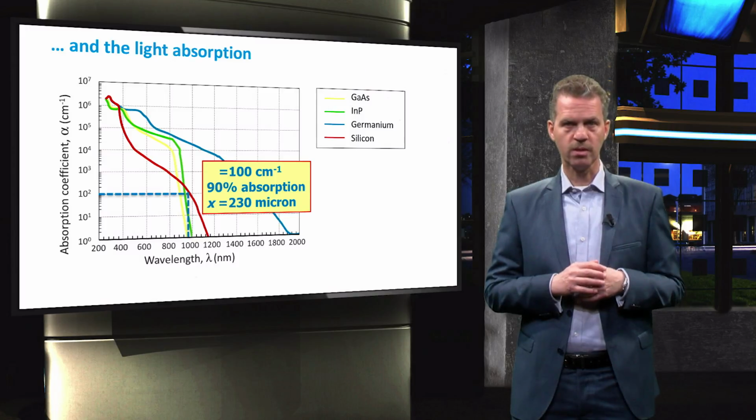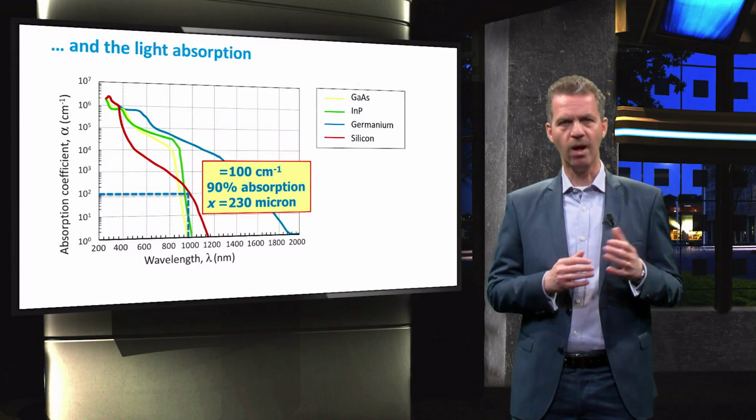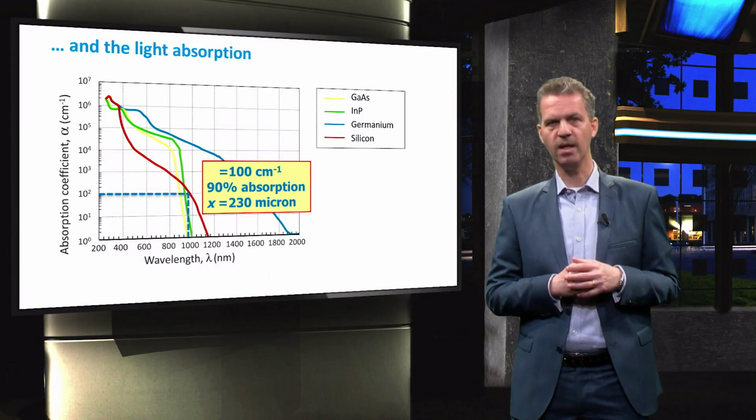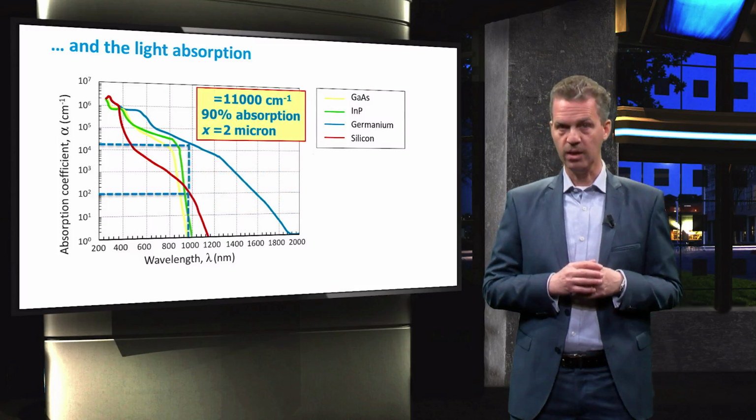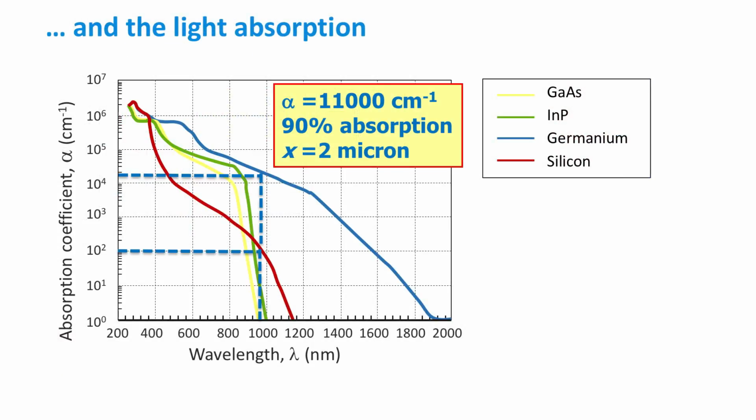This corresponds to a wavelength of 365 nanometers. As an example, the thickness of germanium, which is also an indirect bandgap material, only needs to be about 2 micrometers in order to absorb 90% of the incident photons at a wavelength of 1000 nanometers.